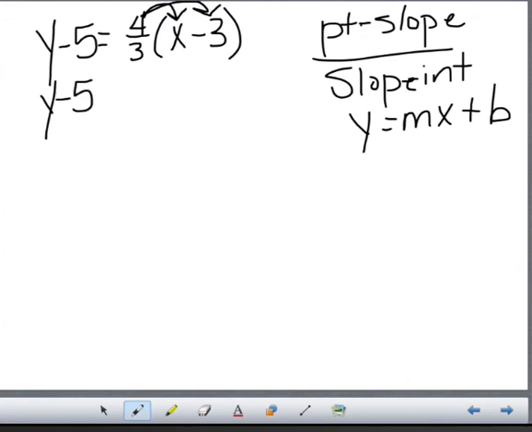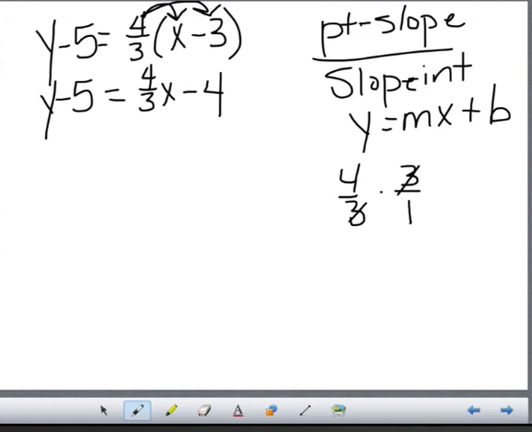y minus 5 equals 4/3 x, and then if I have 4/3 times 3, that's just going to be what? Minus 4. Now what am I going to do? I've got to get to slope-intercept form of this line.